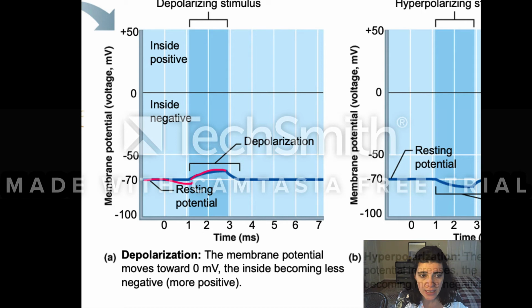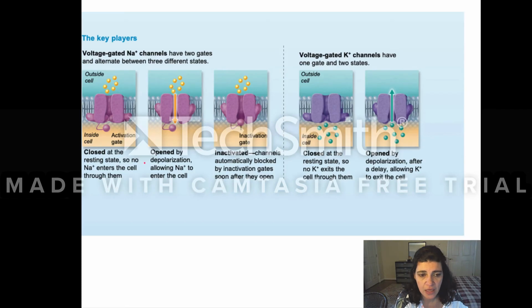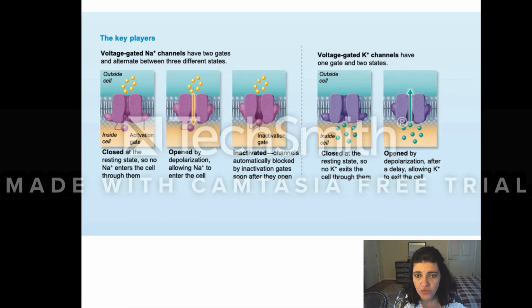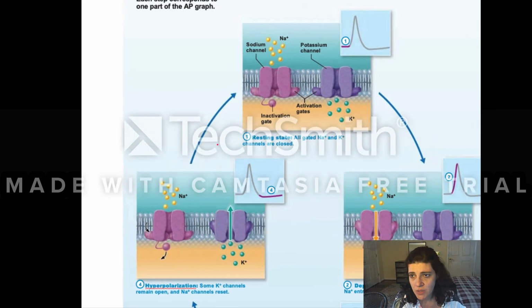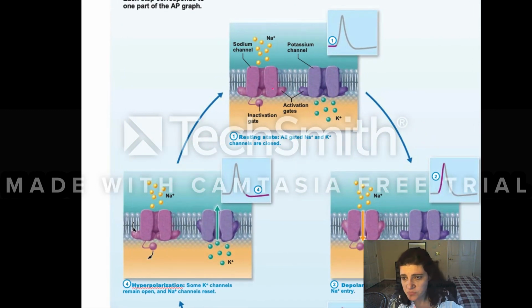And that happens because you have the opposite thing happening. So what do you have in this case? So we have the same players. We don't need to talk about them again. Let's talk about the action potential. So we have first, sodium in the resting state is going in, right?